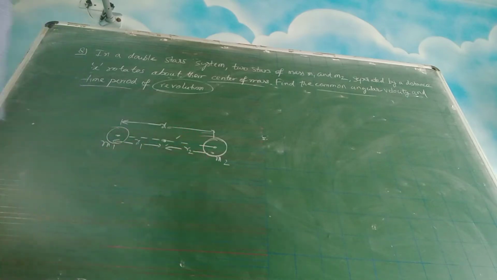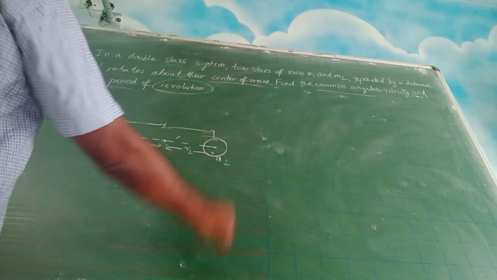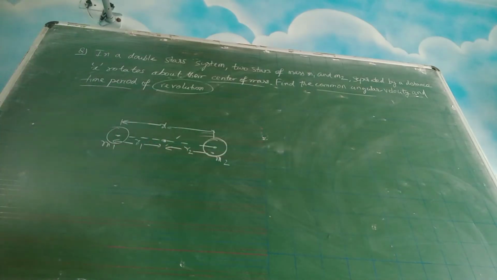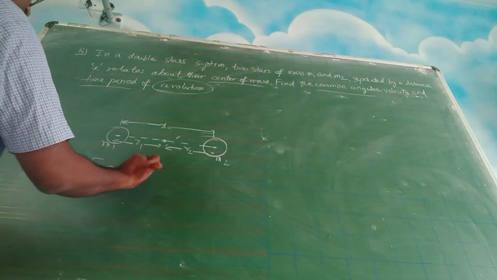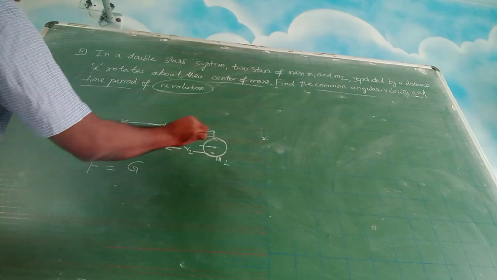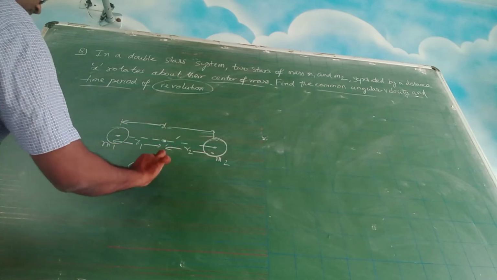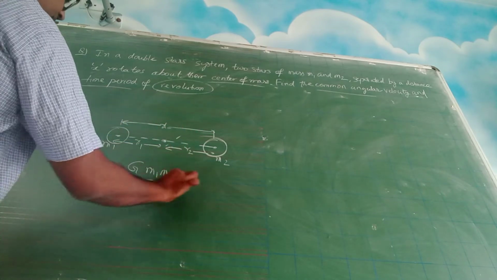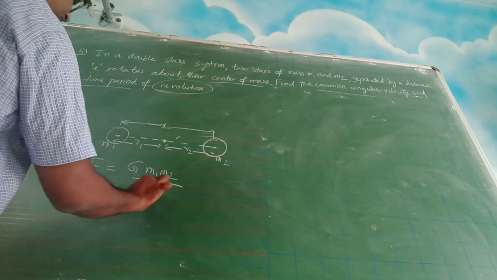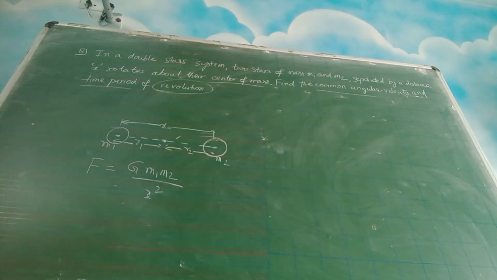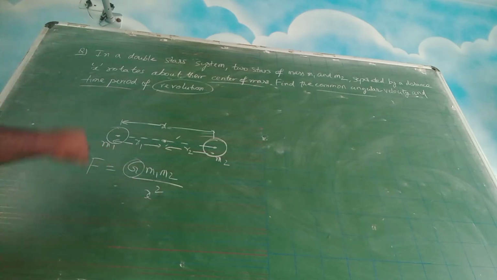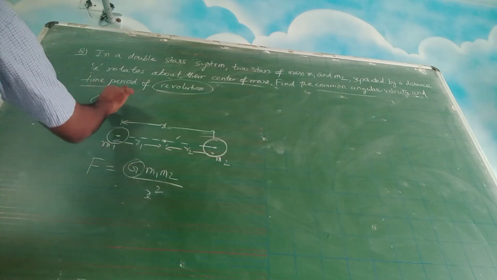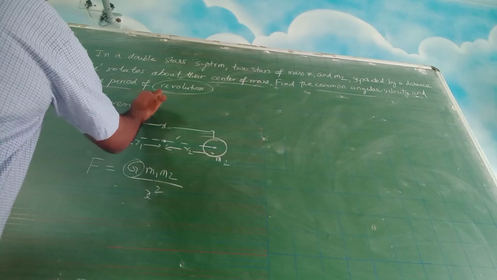Whenever you write these distances, you write them with respect to the center of mass. So the gravitational force between the two masses will be G m1 m2 by the distance between them, x square. By the way, I want to tell you that this G is experimentally determined by an experiment called the Cavendish experiment.